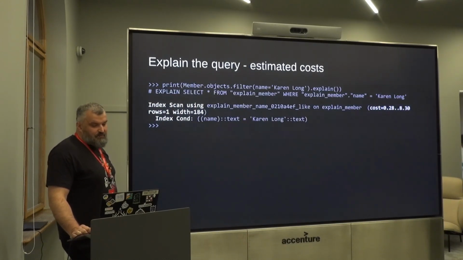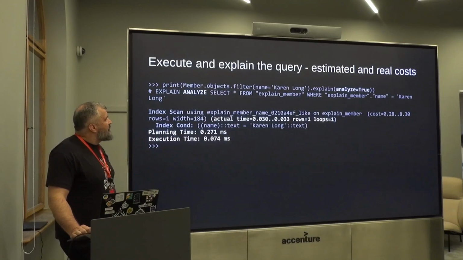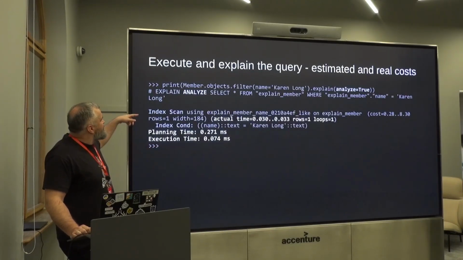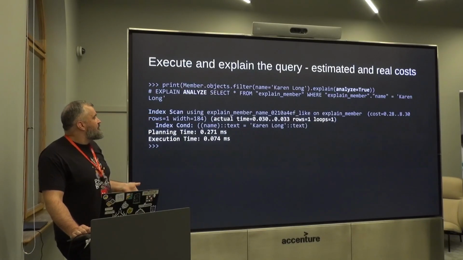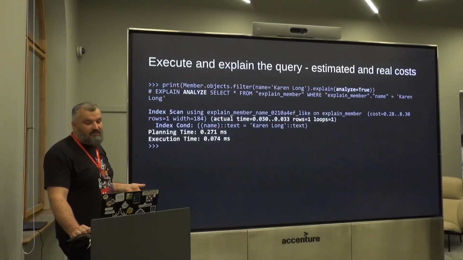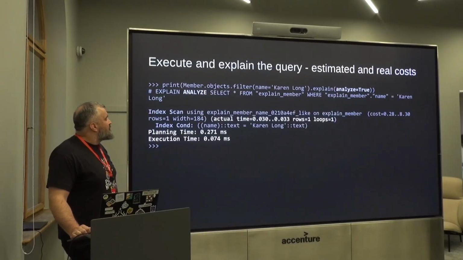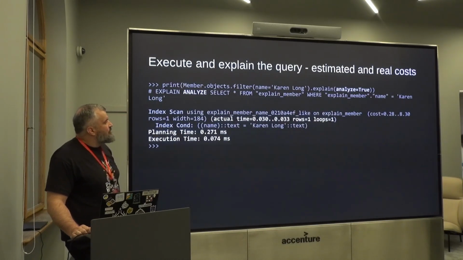So this is the simple one. I prefer a bit more verbose output, so I typically use analyze. Again, in Postgres it says explain analyze, and then I write the query. What this does is actually execute the query, so be careful not to use it on a live database, you might bring it down. But the good thing is that it prints the actual time this query took, and importantly, it also prints the actual rows that were retrieved.